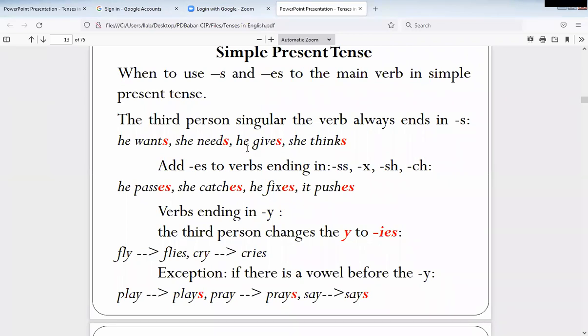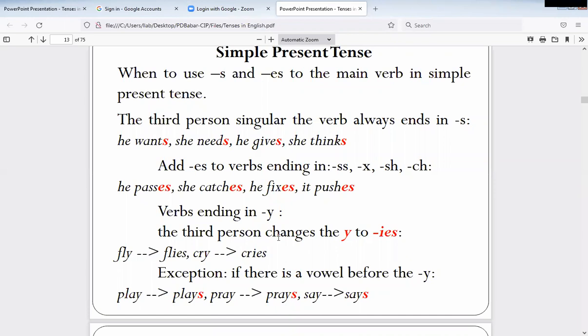If we are using them after the third person singular, fly will become flies, cry will become cries, and try will become tries.